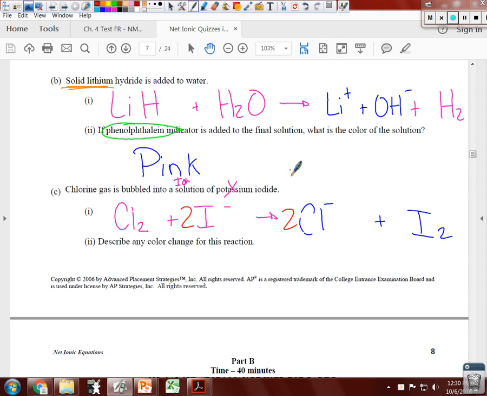Here is another topic that you will not be tested on. Okay? I'm telling you, you don't have to know this. You used to, but not anymore. And that was the color of ions in solution. One of the old things you had to know is if they gave you this solution, what color would it be?